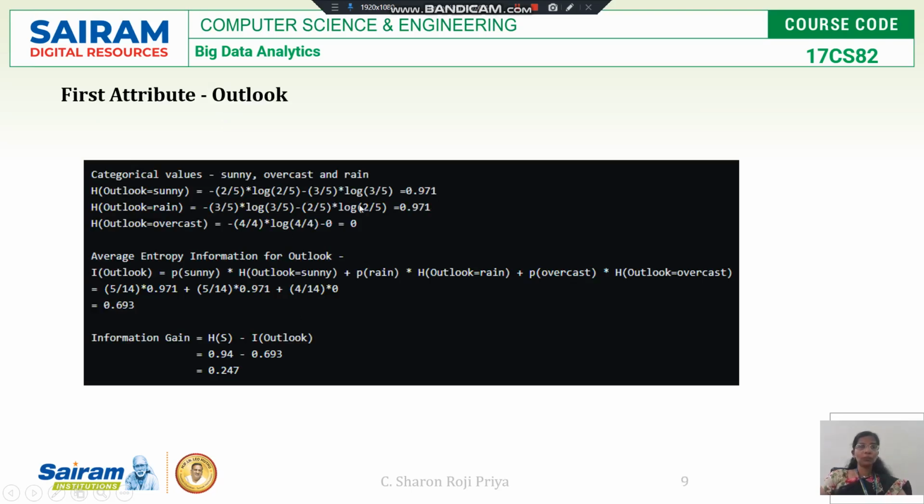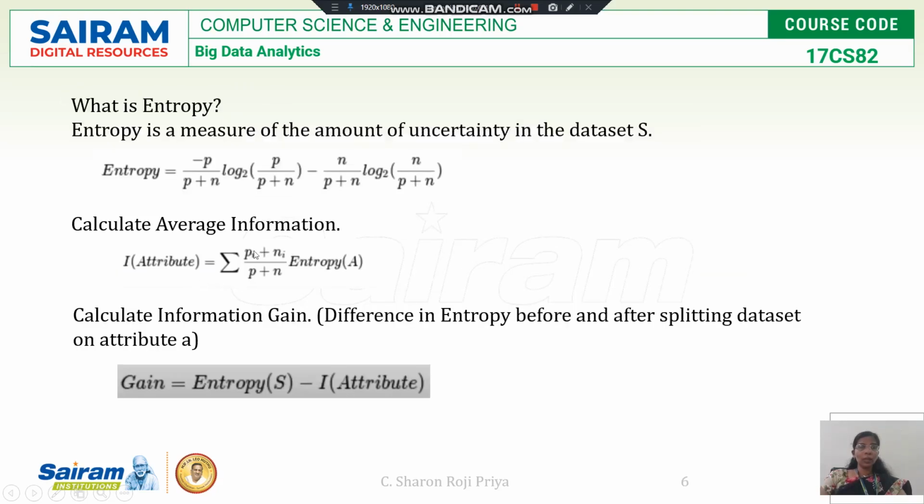So check this formula: pi plus ni, that is for the first categorical value, positive and negative samples total, divided by p plus n. This p plus n is the positive and negative samples in the complete data set.